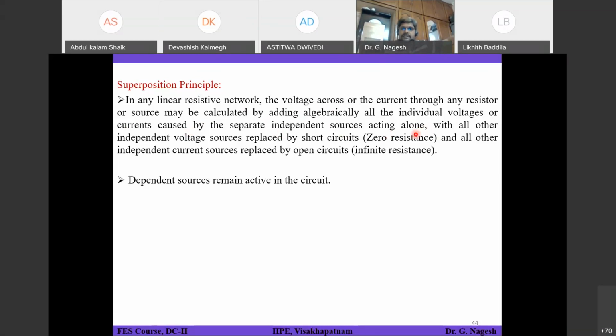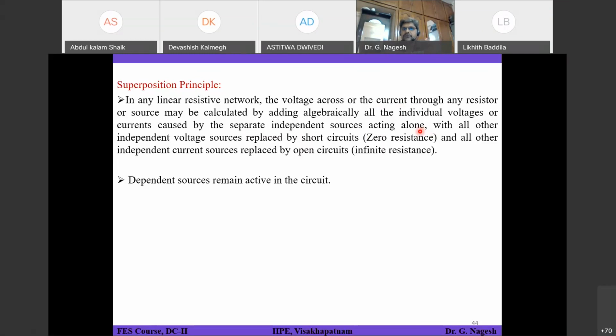Find the voltage across your branch or the current flowing through the particular branch you are interested in, for each independent source acting alone. So if you have a circuit consisting of two independent sources, whether voltage or current, you can resolve the solution for that circuit in two stages.